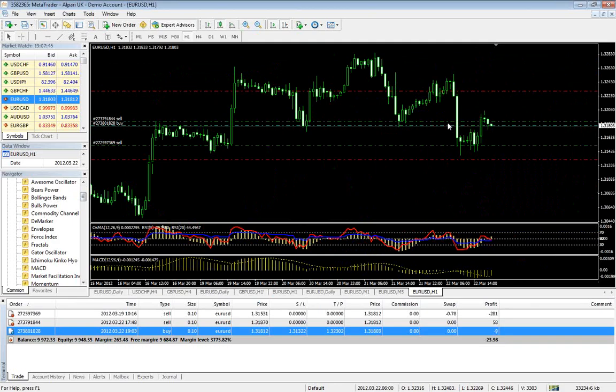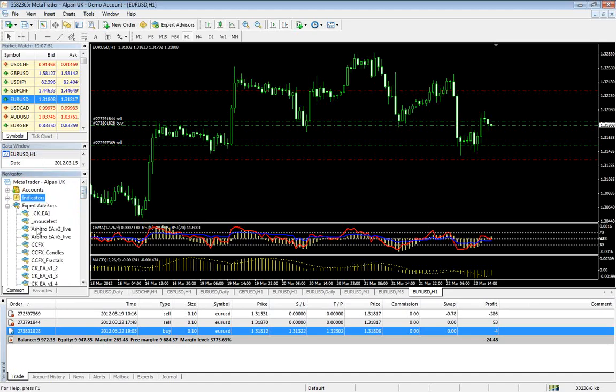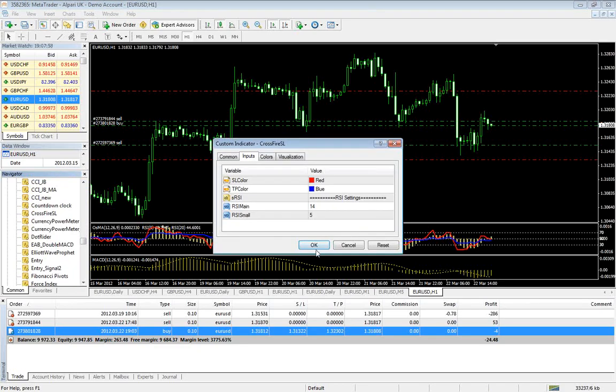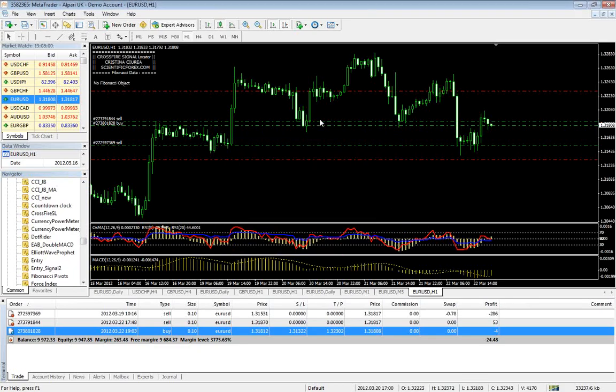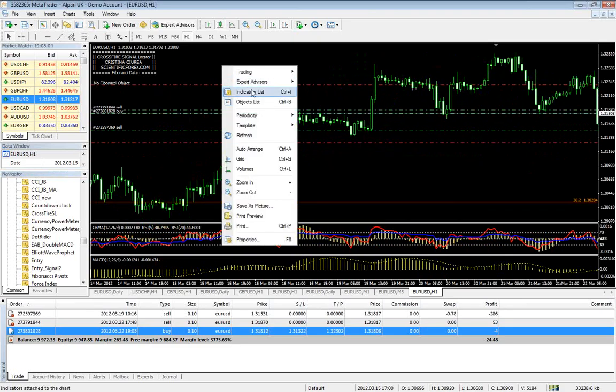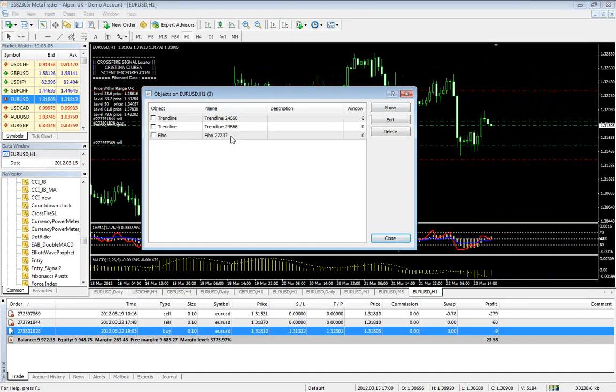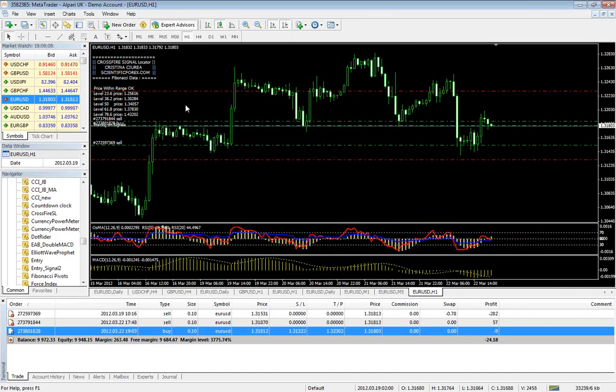I don't see it because it's far away. So what I will do here, I will apply Crossfire. Where is that Crossfire? And okay, it tells me there is no Fibonacci. Oh, actually it is there.